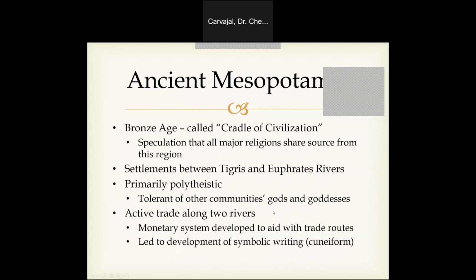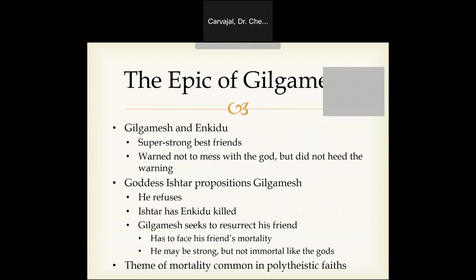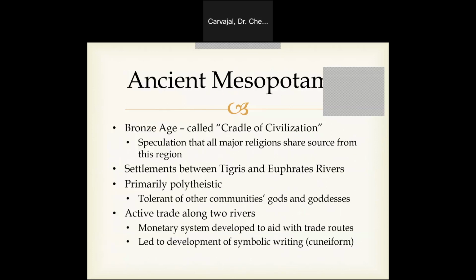Now we get to the Bronze Age, and this is where we talk about ancient Mesopotamia. The chapter actually has a map where you can see the map of the world, where all the rivers are. And Mesopotamia actually means between two rivers. It's the land between two rivers, the Tigris and Euphrates rivers.